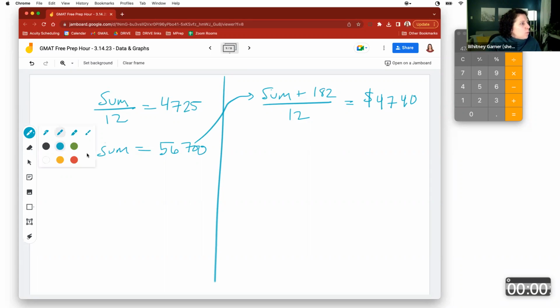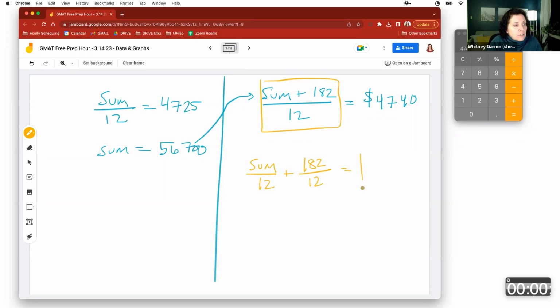However, we can also take this expression and say, well, if I were to split my numerator, the sum divided by 12 plus 182 divided by 12 is going to be my new average.